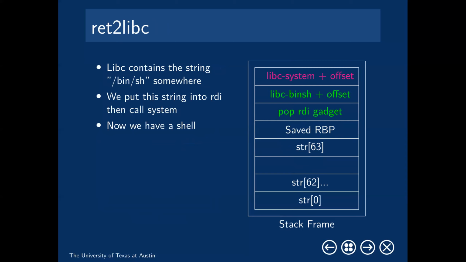It's kind of interesting that libc almost always contains the string /bin/sh somewhere, which is really useful for us because that is the program that we want to call. So we just pop this string into RDI, and then we call system, and now we have a shell, right?